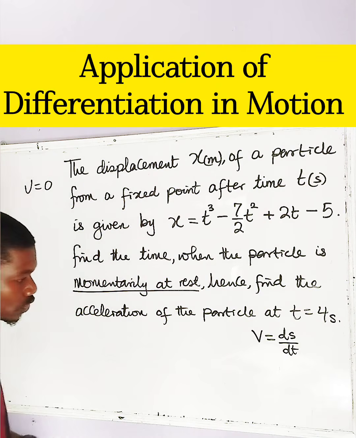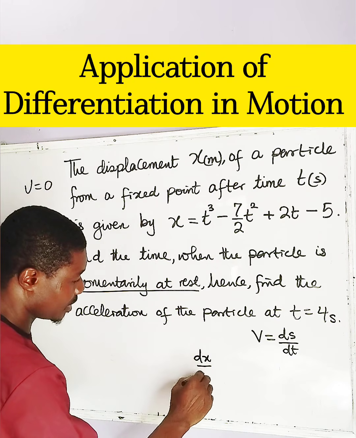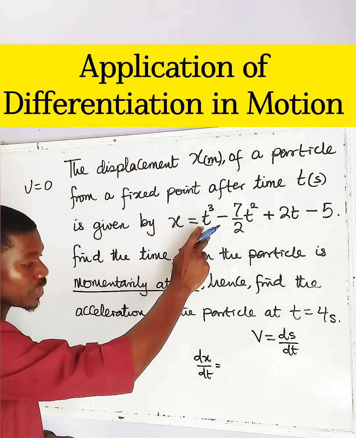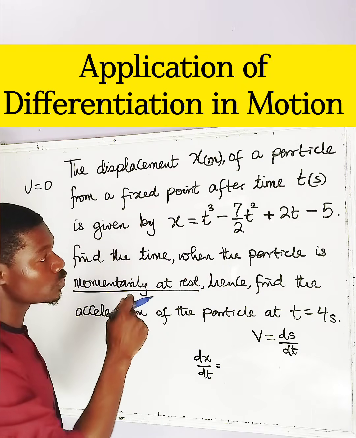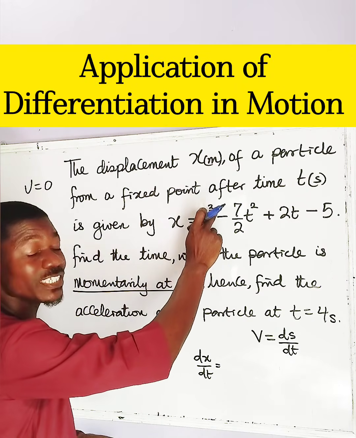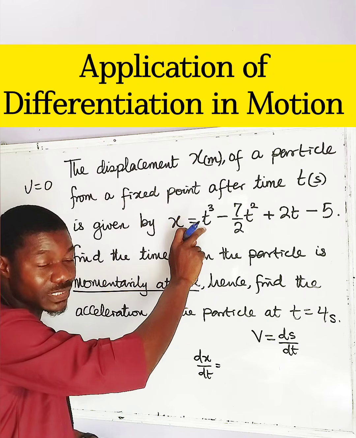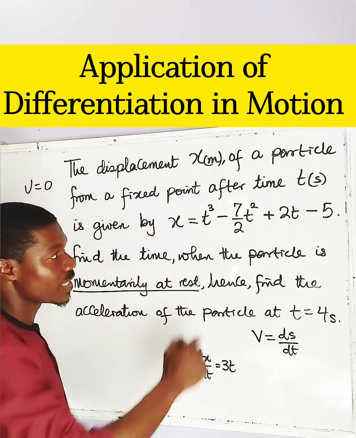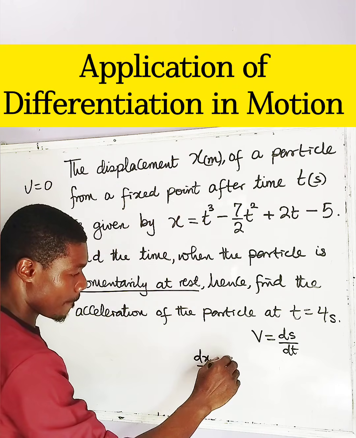So by differentiation, a short trick: take the exponent and make it a multiplier of the term t. So here we have 3t, then subtract 1 from the exponent. There we have 2.